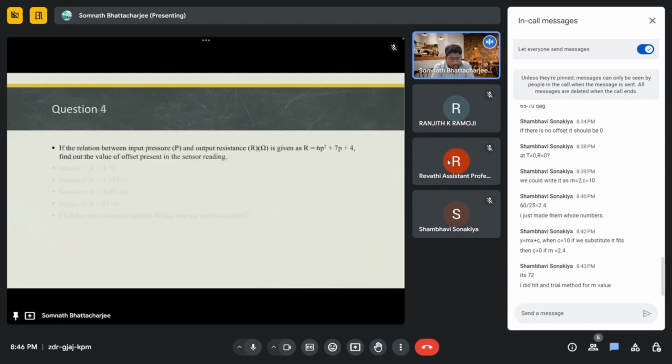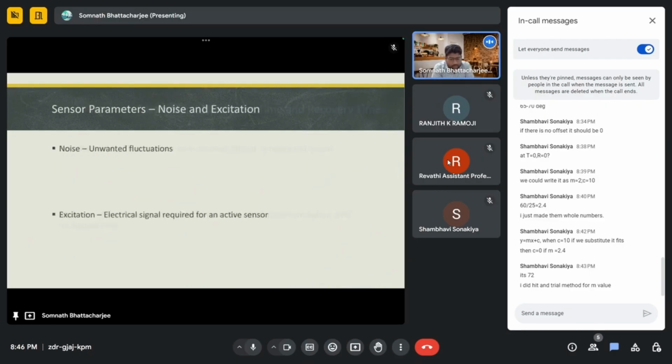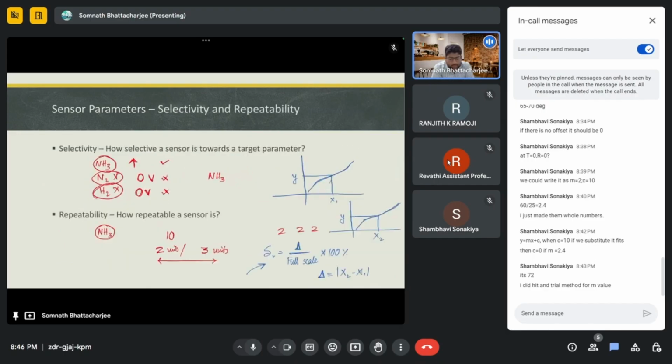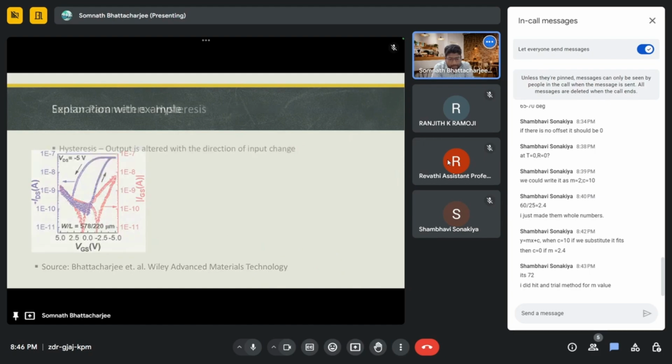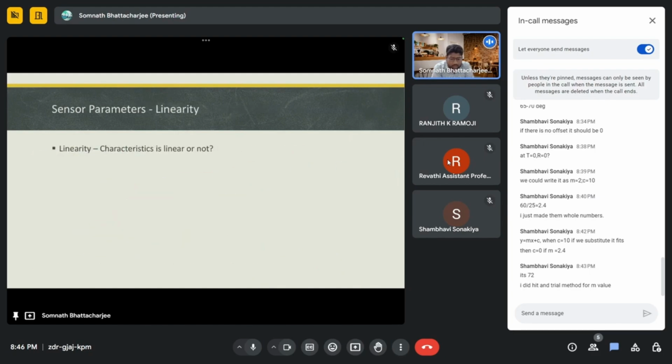There were a few questions, and these things are basic. There were many parameters: response time, recovery time, noise, excitations, resolution, stability, deadband, selectivity, repeatability, hysteresis, linearity, range, offset, threshold.